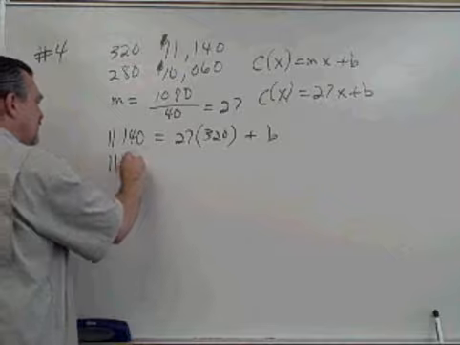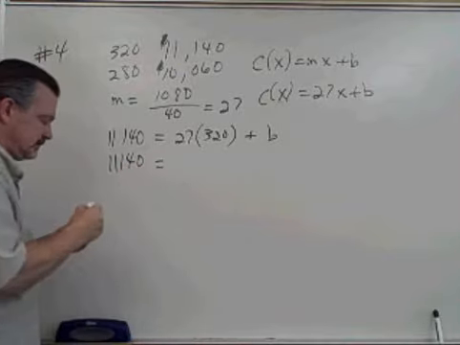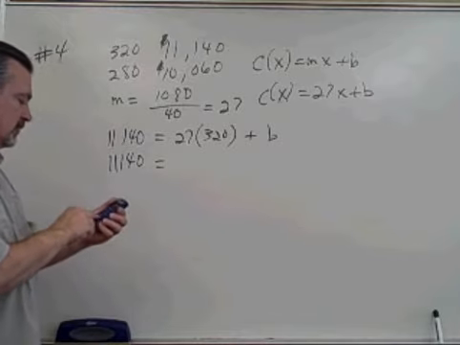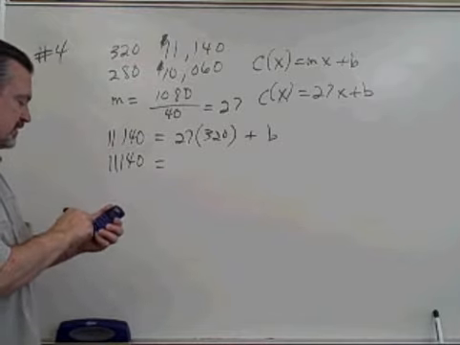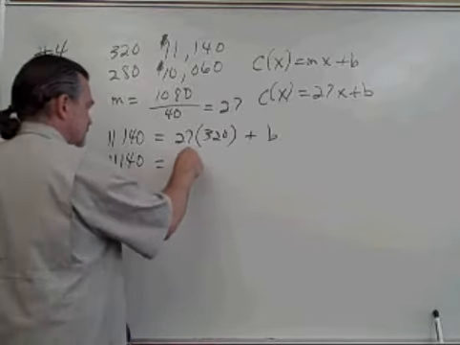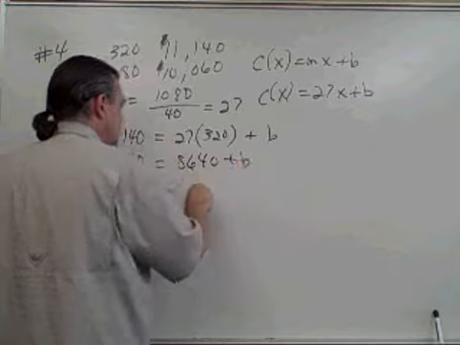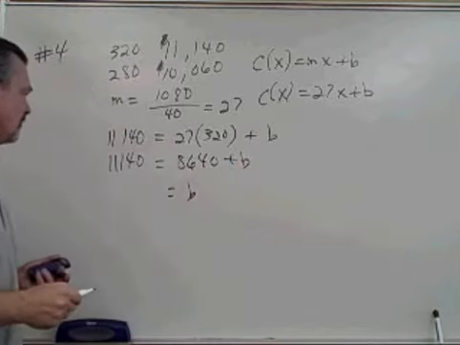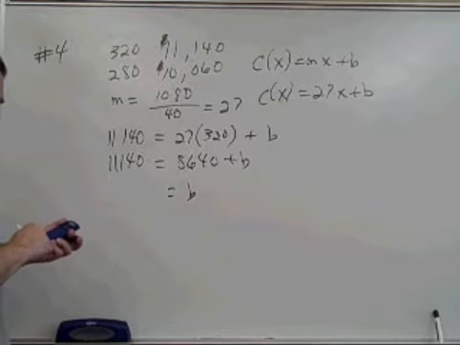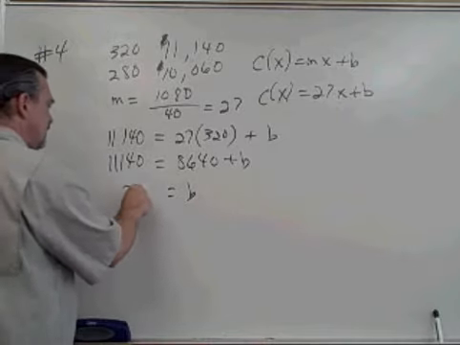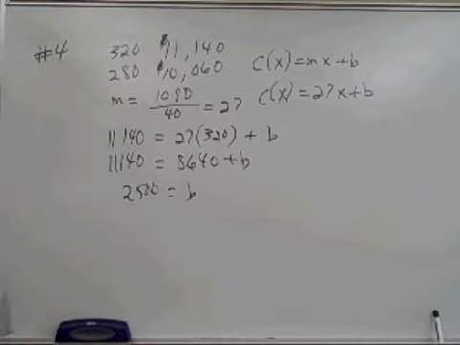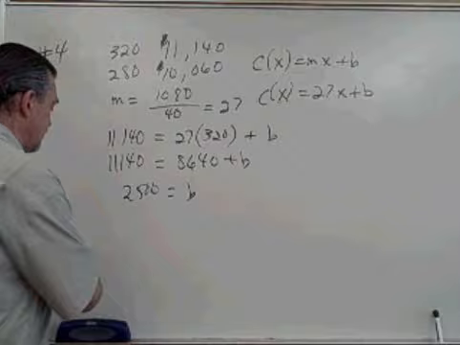So 11,140 is equal to 320 times 27, which gives us 8640, plus B. Subtracting 8640 from both sides gives us 2,500 for B. So the fixed costs were $2,500.